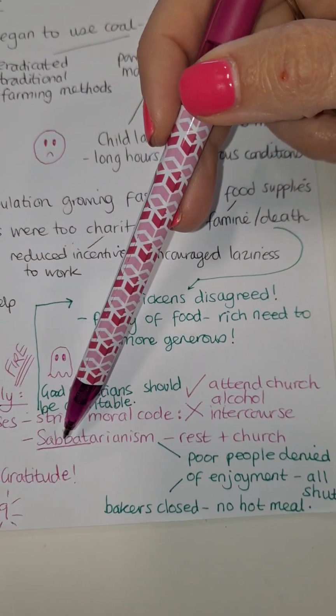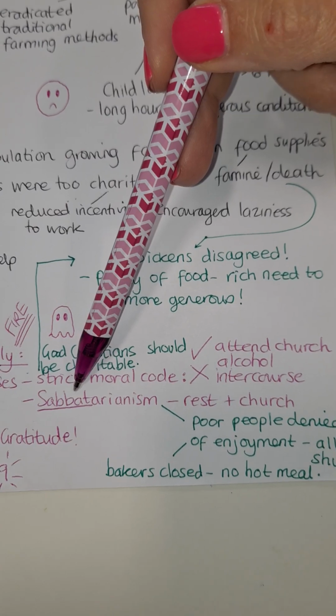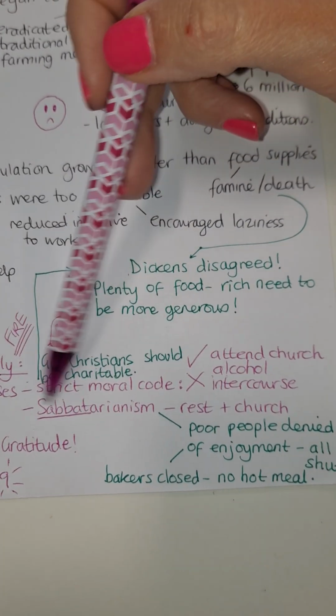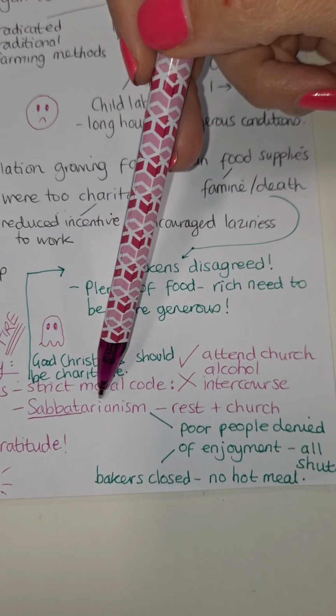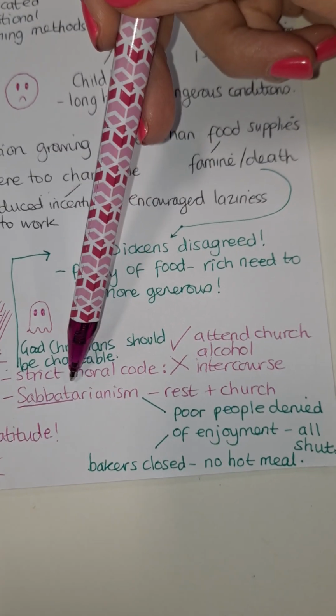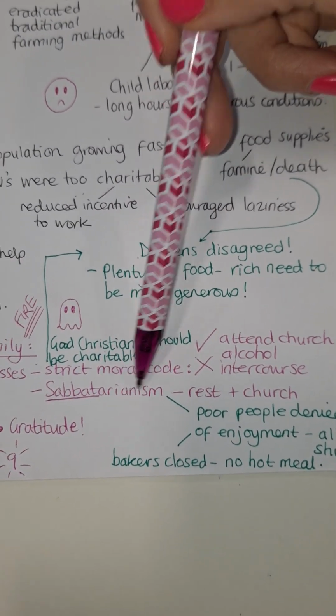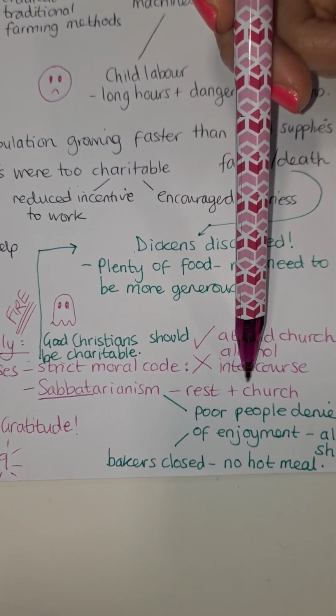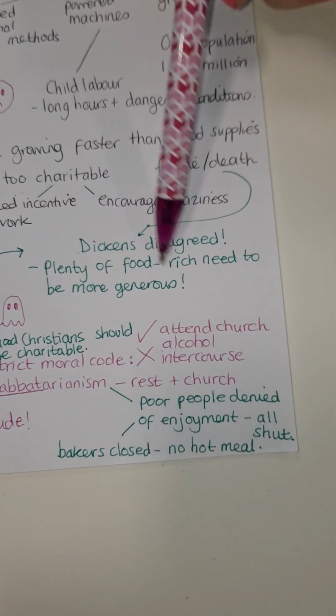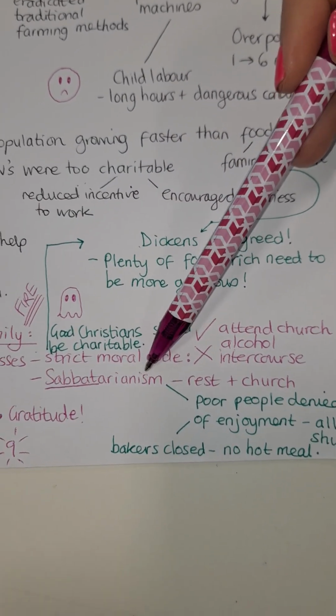Okay, so the society hugely believed in Sabbatarianism, and the Sabbath day is basically a Sunday. Society said that Sundays should be kept as rest or to go to church. But Dickens, again, you can see obviously anything Dickens, he disagreed with Sabbatarianism.